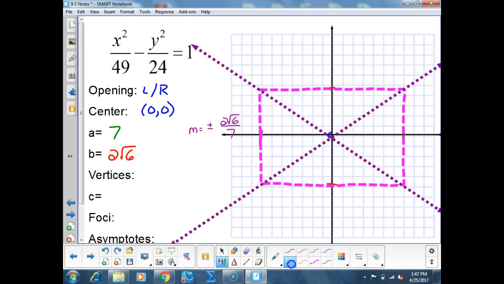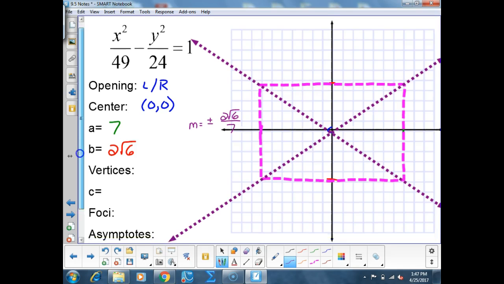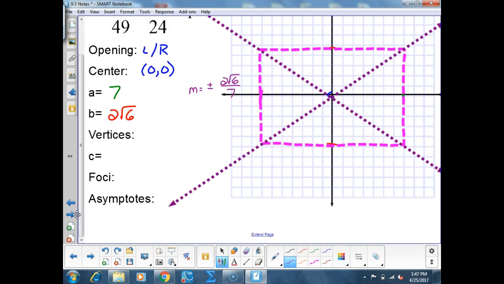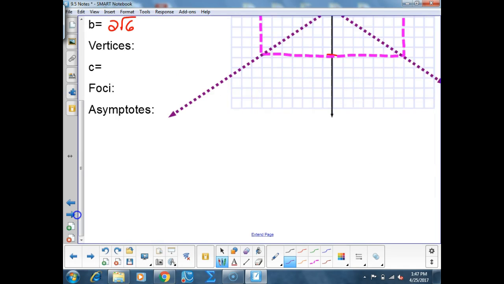Okay. So my asymptotes are what? y equals 2 square roots of 6 over 7 x.